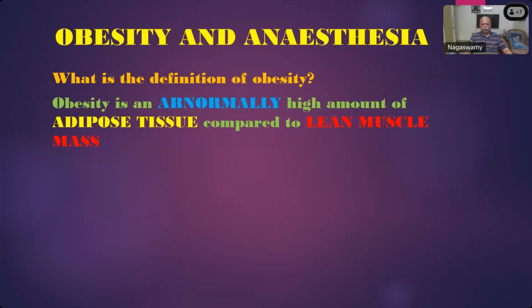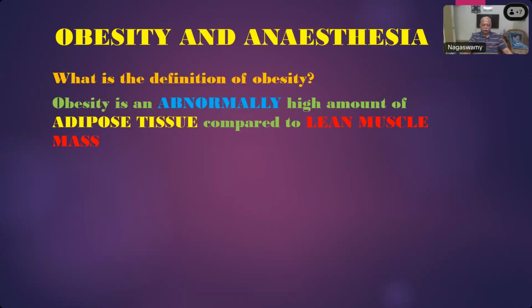I'll tell you later, there is another question related to this. So, normally, which should be more, muscle mass or fat? Muscle mass, sir. In a healthy person, the muscle mass should be more than the fat mass. Whereas in obesity, there is excessive adipose tissue or fat compared to the lean muscle mass.